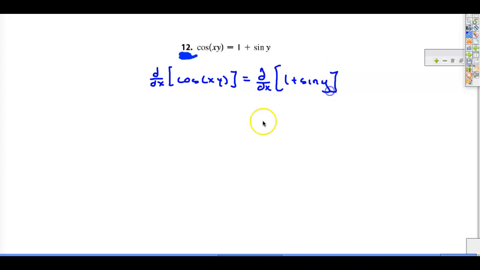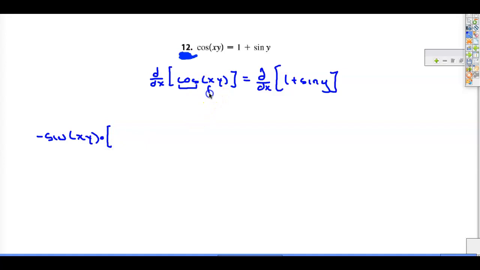Again, you don't need to write this step, but when you take the derivative of the outside function, the derivative of cosine is minus sine evaluated at the inside function, times the derivative of the inside, which is a product, so you're going to have to use the product rule.